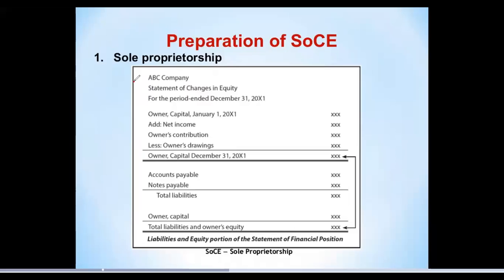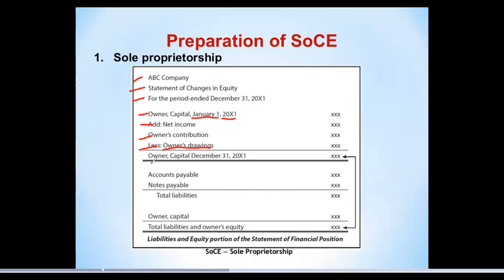So we have the heading, ABC Company, statement of changes in equity for the period ended December 31. We have the owner. When we say January 1, this is the beginning balance. Add net income, owner's contribution, plus the owner's drawings or the withdrawals.